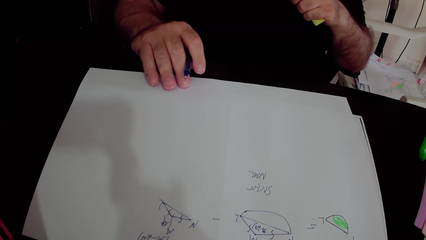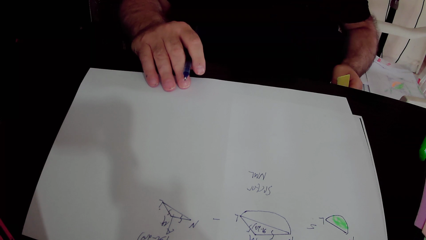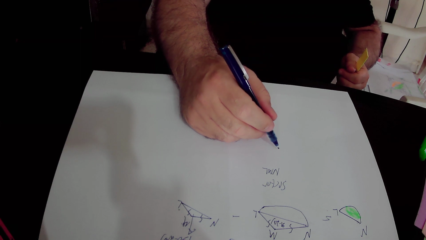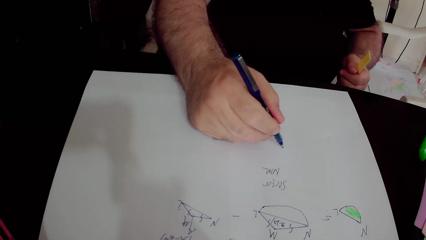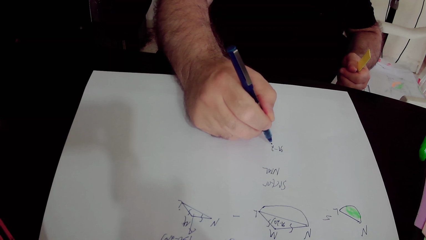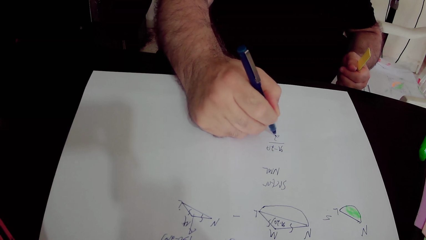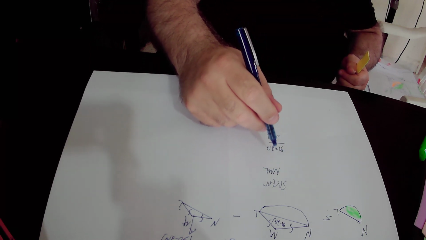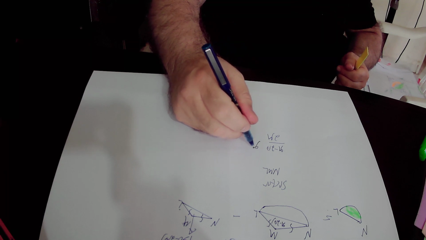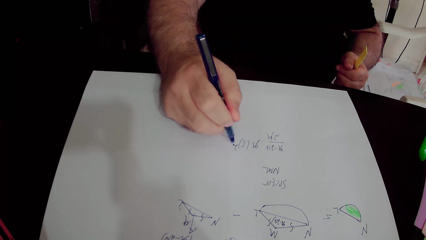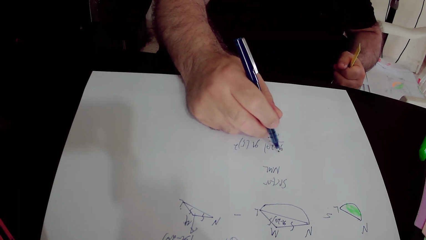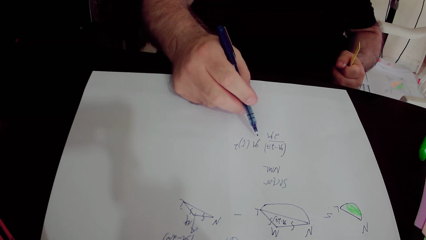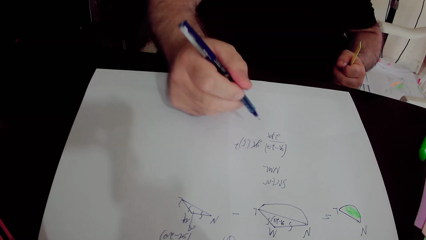So what is the area of sector NML? The area of sector NML equals the angle between its legs, pi minus 2 theta, over 2 pi, times the area of the circle, that is pi r squared, and r equals 5, so it is pi times 5 squared. Here we have pi in the numerator and pi in the denominator, so pi will get cancelled.